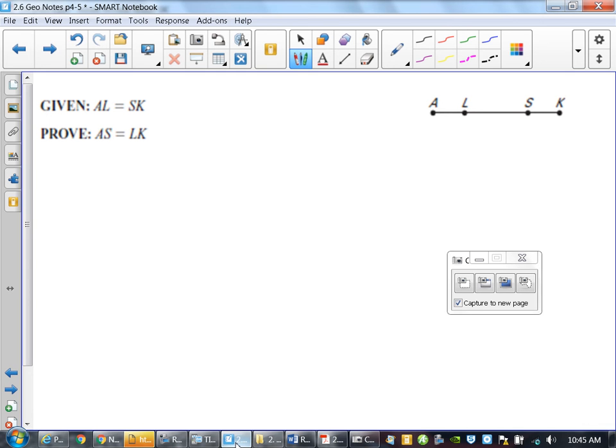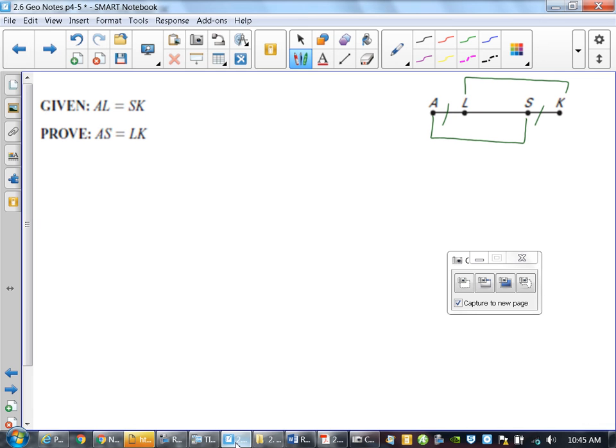They gave us that small chunk AL and the small chunk SK. We know that they are equal in value, so I know I can throw a tick mark on that. After that, I also know what they want me to prove: that the segment AS is going to be equal to the segment LK.